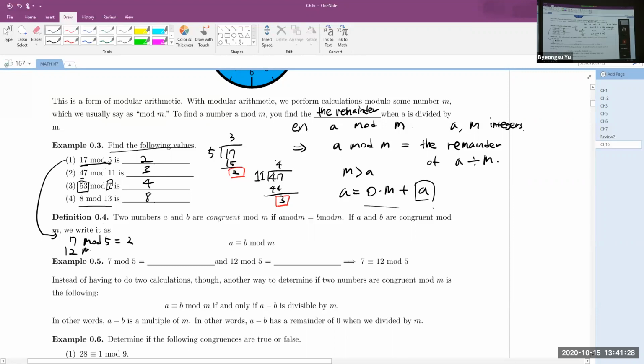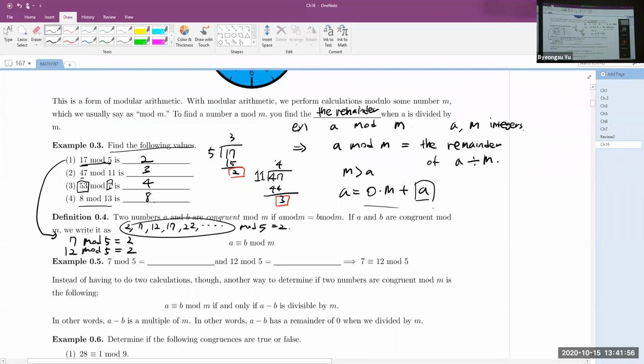And 12 mod 5 is also 2, right? Because 12 is 10 plus 2, but 10 is a multiple of 5. So 7, 17, even 2, and 22, those all have mod 5 equal to 2, right?